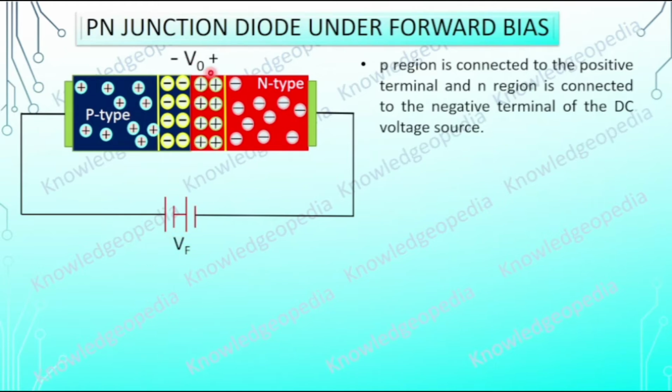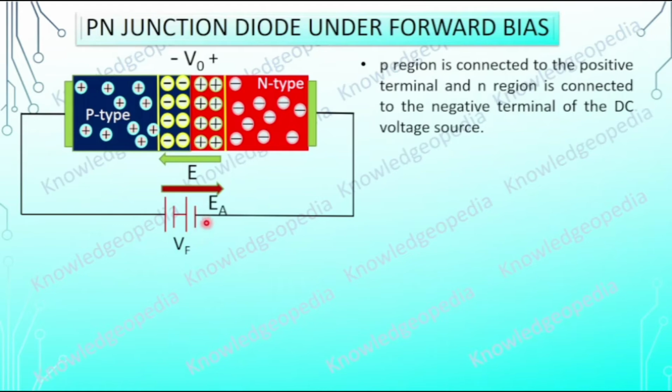Now we have two potentials: one is the barrier potential V0 and one is the applied potential Vf. Looking into the electric field due to these potentials, this is V0, so the electric field will be E, and the direction is from the positive side to the negative side. This is the internal electric field due to the barrier potential. Now the voltage we have applied also gives some electric field.